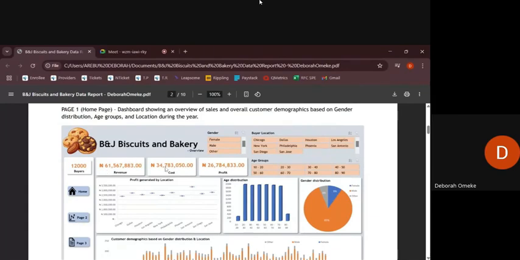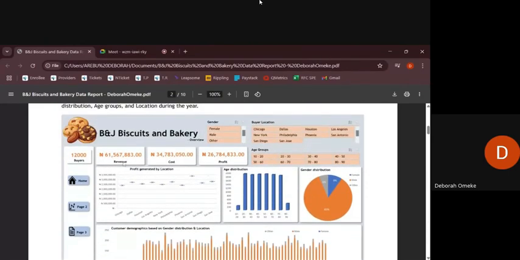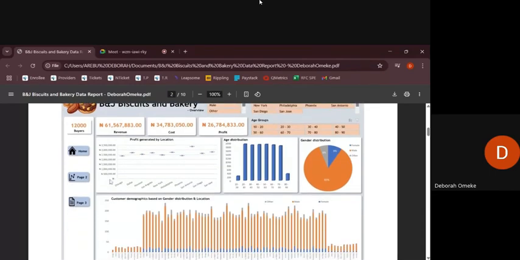And we got this revenue from a cost of 34,783,000. And the profit made for the year was 26,784,000, which is approximately 43.5% of the revenue.